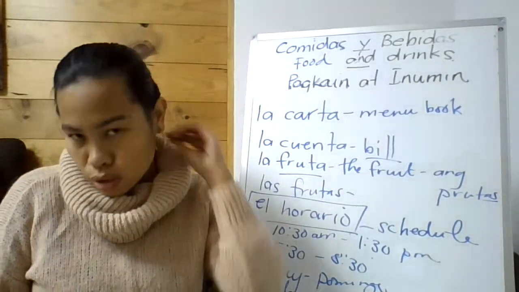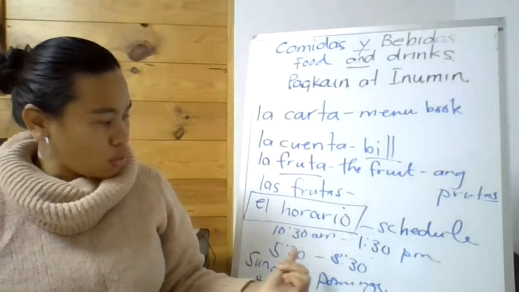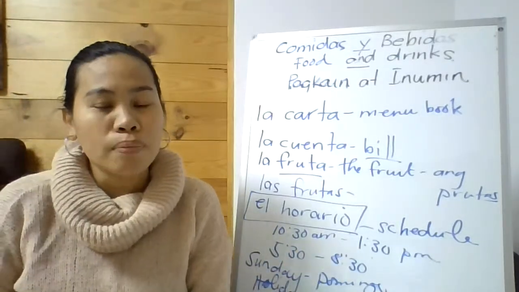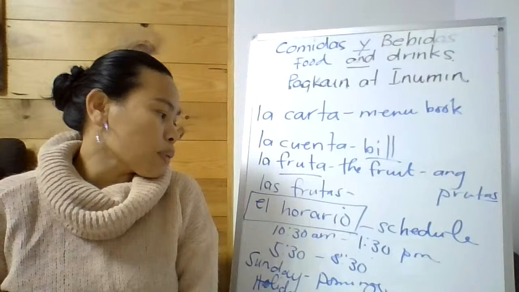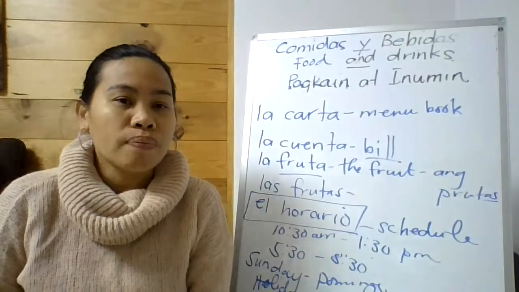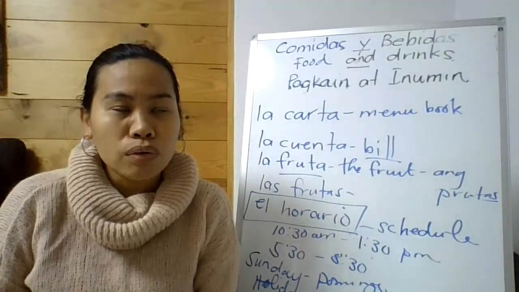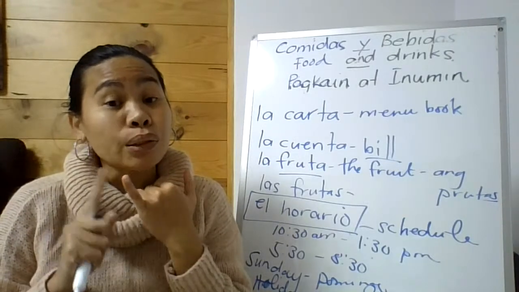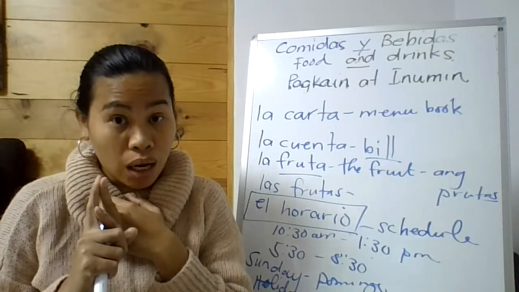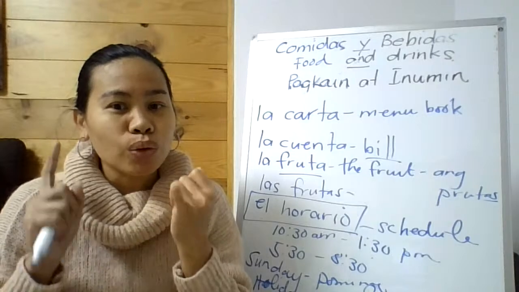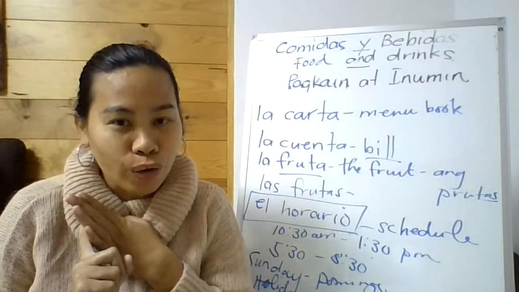Like sa shop ng asawa ko, open lang 10:30 a.m. to 1:30, tapos 5:30 to 8:30. And then dito, yung breakfast time is 9:30 up to 11 o'clock. Ang lunch time dito, 2 o'clock up to 4 o'clock.